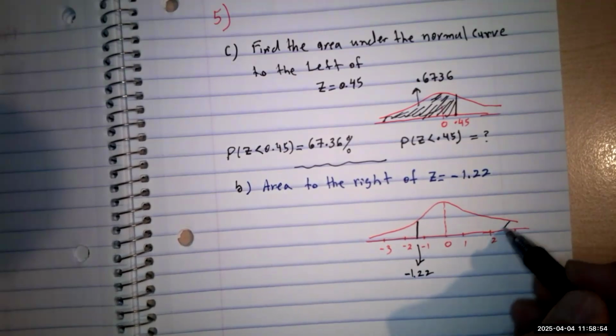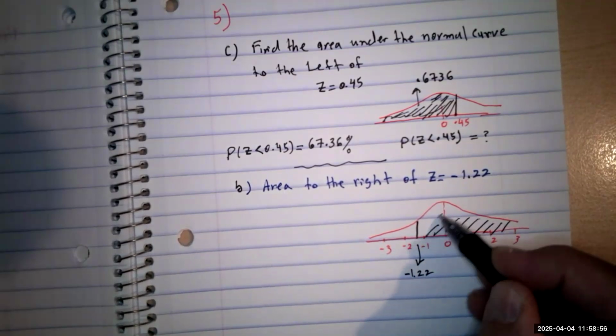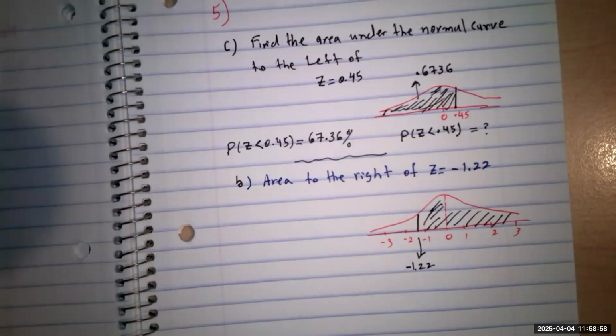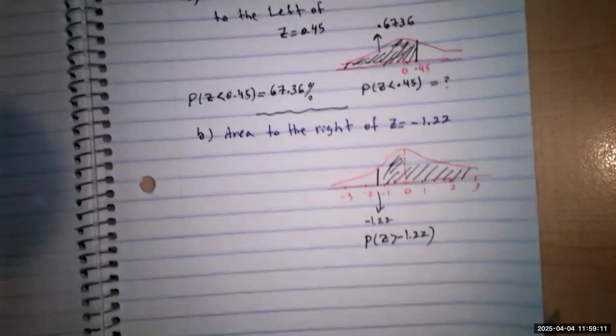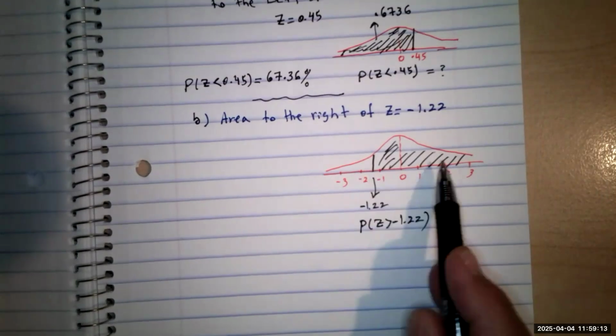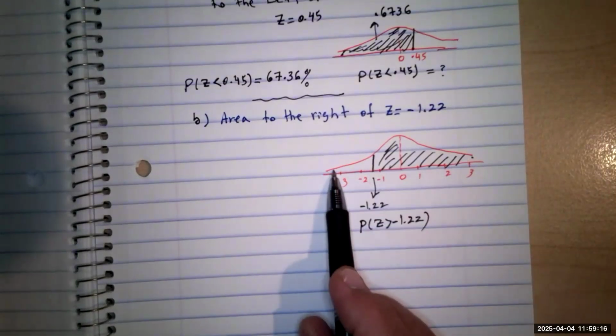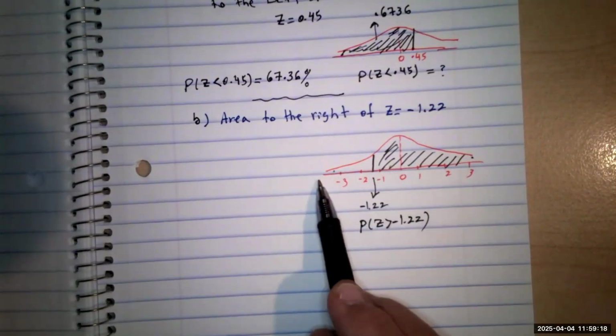But you are interested in the area to the right. In the language of probability, you are interested in what is the probability of Z to be greater than -1.22. You see, the Z table will give you area to the left only. If you want to find the area to the right, remember the total is 100%, which is equal to 1.